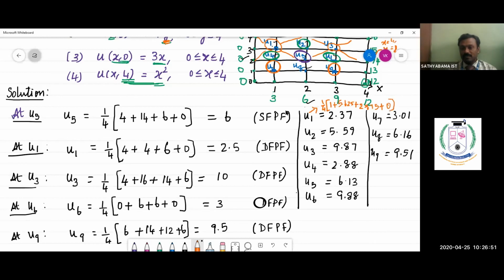So this will be the first iterative value. Similarly, you get the value for all the mesh values for the first iteration. Then go for second iteration, third iteration, fourth iteration, and so on until the successive iterative values are equal. And these are the values we arrive at the end of 3 iterations.